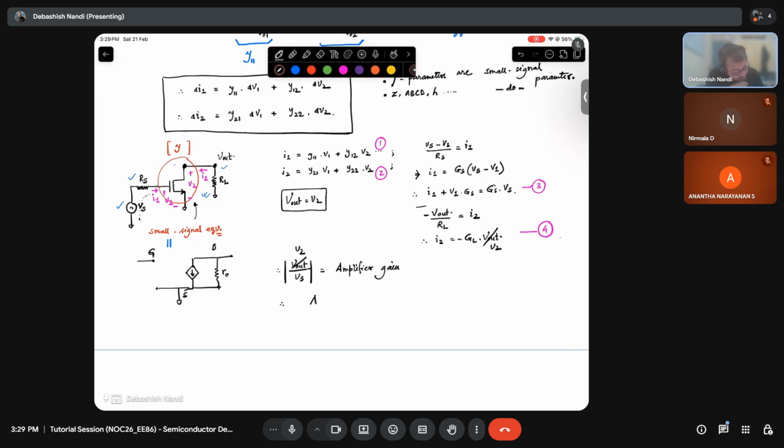So amplifier gain, which is V2 by Vs, will be of the form Y21 times Gs divided by (Y11 plus Gs) times (GL plus Y22) minus Y12 times Y21.